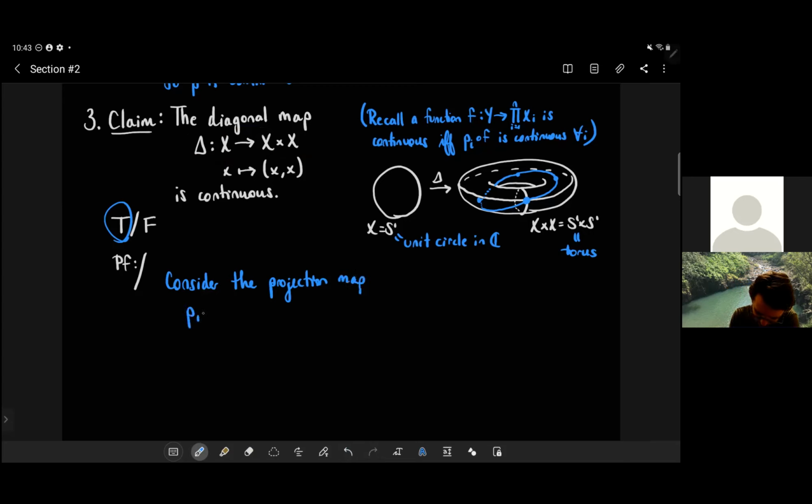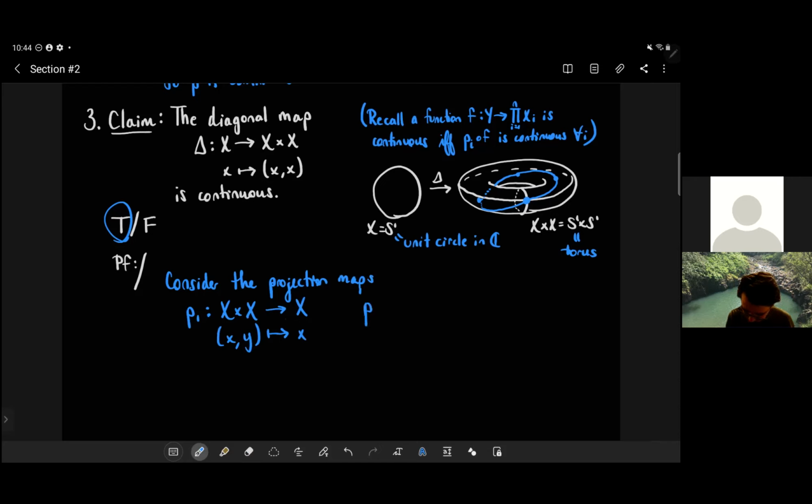Consider the projection map. Let's call it P1. Right, you have to start in your product space, and we're mapping to the first component. The first component is just X. So that takes, I guess I should say (x, y), thinking of diagonals, takes any point in the product and maps it to the X component.